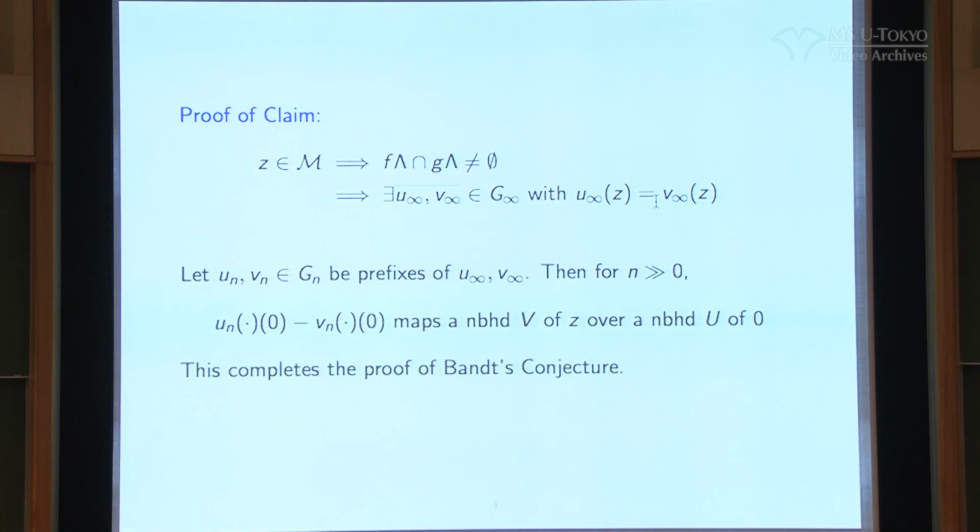You can approximate the infinite words u infinity and v infinity by finite words u_n and v_n. The difference between u_n and v_n hits a neighborhood of 0. When you rescale by z to the minus n, it hits an arbitrarily big neighborhood of 0, in particular, big enough to find this nice translation vector, which is promised to you by the fact that this is a non-convex set. So that's the end of the proof.